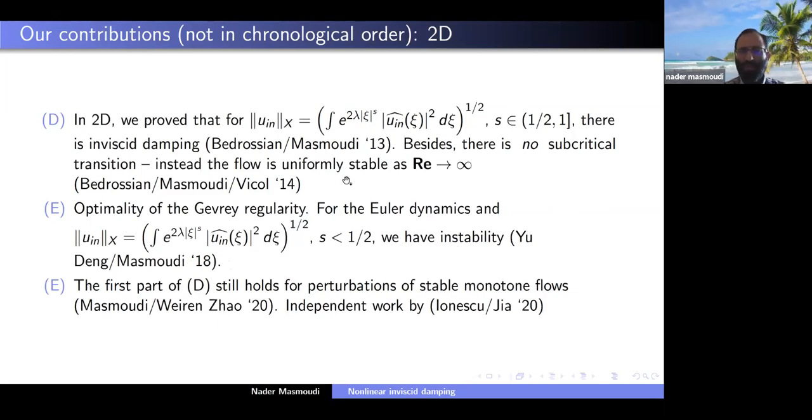The next kind of question is, what if one perturbs a more general shear flow? Instead of perturbing Couette flow, what if we perturb another stable shear flow? And it turns out that we are able to prove that a similar result to the one we have here also holds for stable monotone flows. This is a recent paper with Weiran Zhao, and Ionescu and Jia also have a similar result.